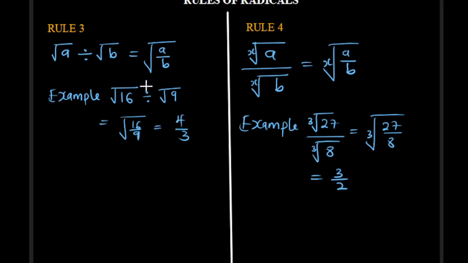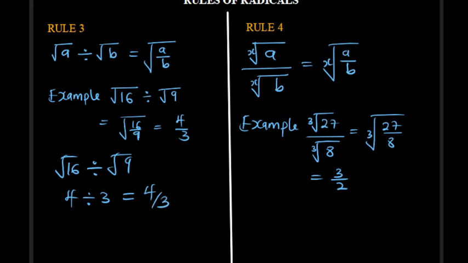If you decide to solve this differently, you still get 4 over 3, as root 16 divided by root 9 will give 4 divided by 3, and that is 4 over 3.